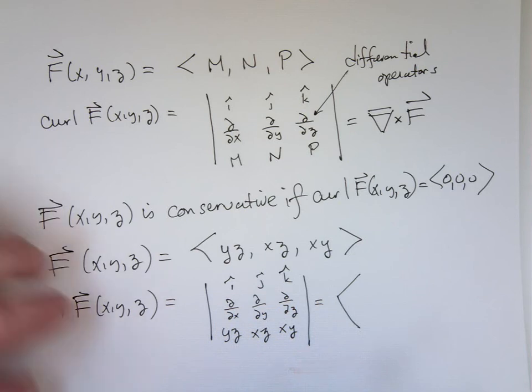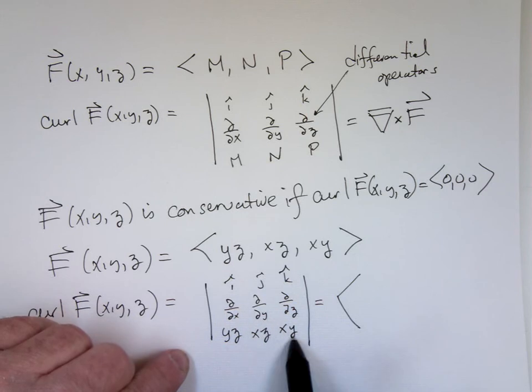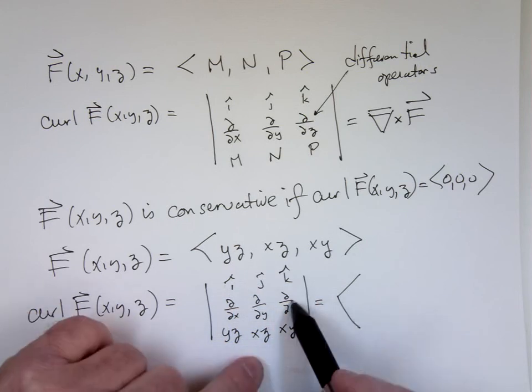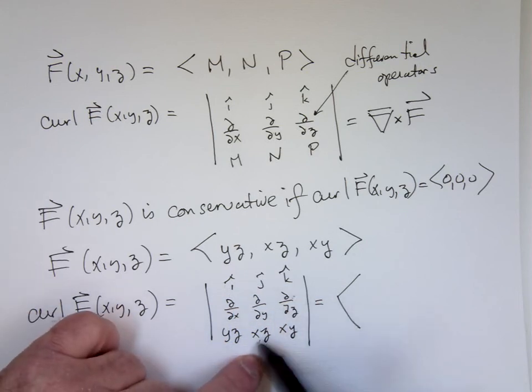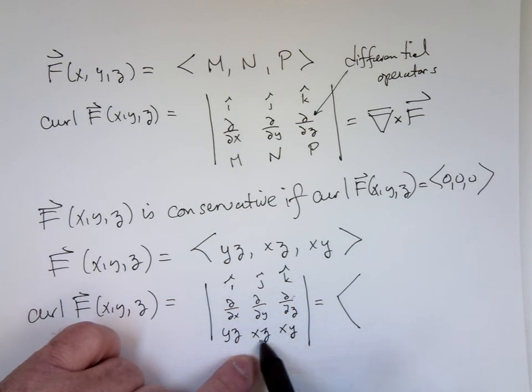Here and here, you end up with the partial of xy with respect to y, minus the partial of xz with respect to z. So what's the partial of this with respect to y? x. And what's the partial of this one with respect to z? x. You get x minus x, which is 0.